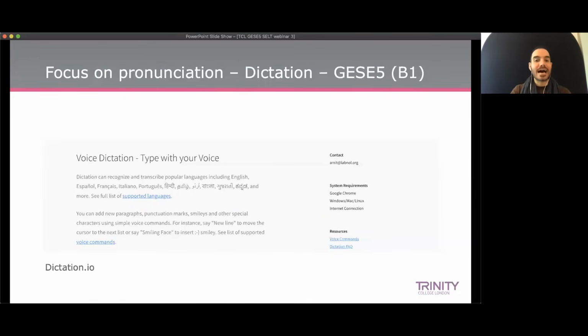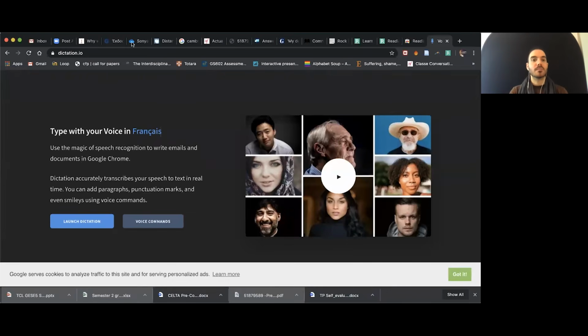And here I have the last website I will show you today. This is dictation.io. I'm going to show you now my computer again to show you what it looks like. This is what you will see.